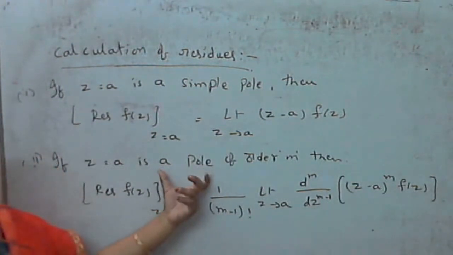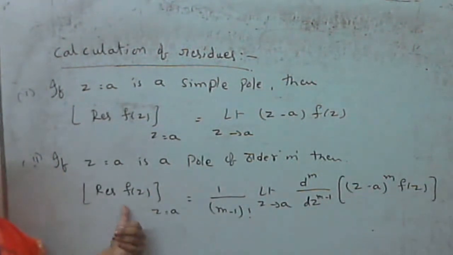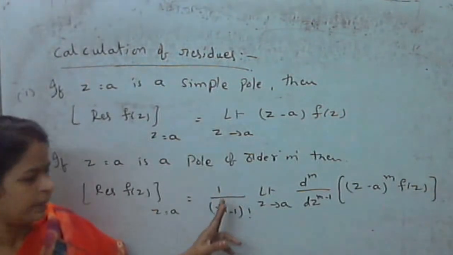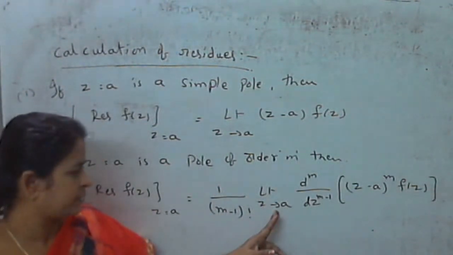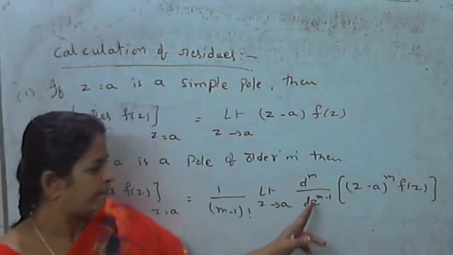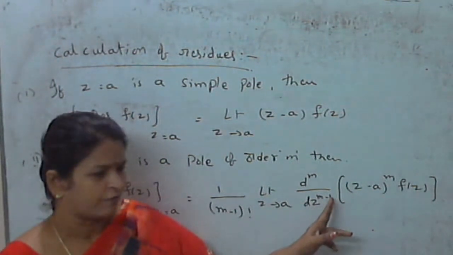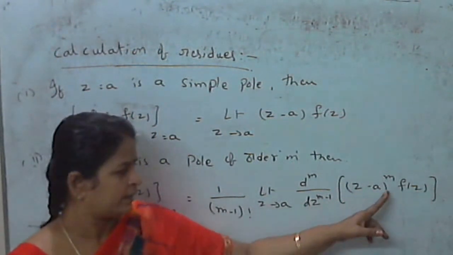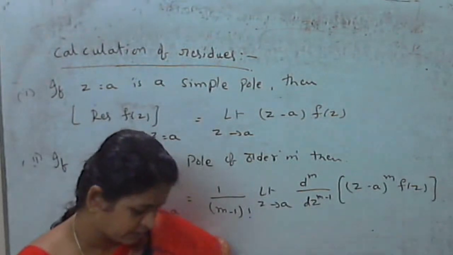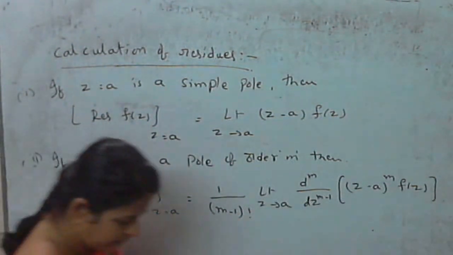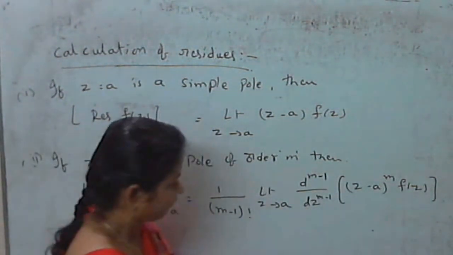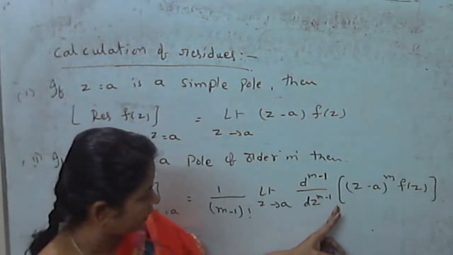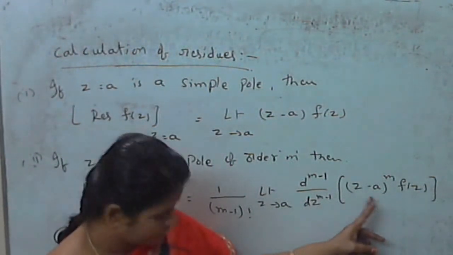So in the case of a pole of order m, residue equals 1 by (m minus 1) factorial, limit z tends to a, d^(m-1) by dz^(m-1) of (z minus a)^m into f(z).